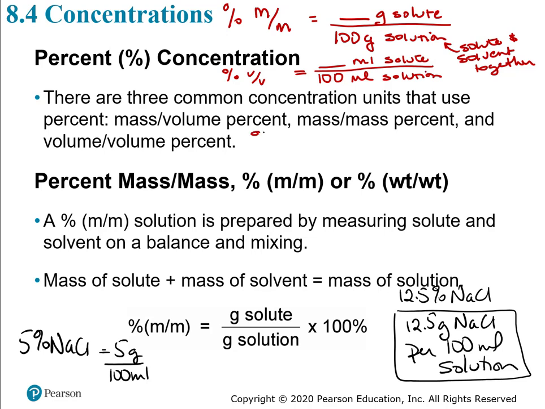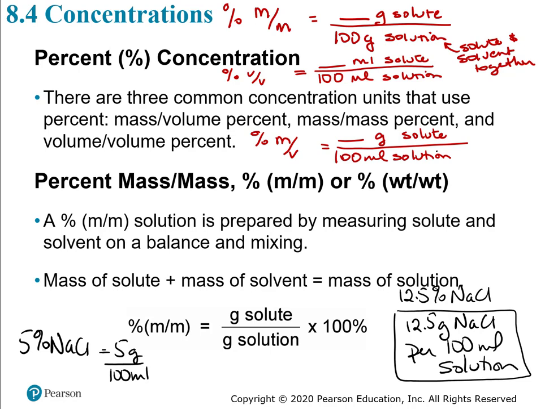The most common one, and what you usually think of, is you had a solid solute like sugar or salt and you dissolve it in water. So they call that mass to volume. Okay, so this is if you measure out some number of grams of solute and then you dissolve it to make a 100 ml solution.